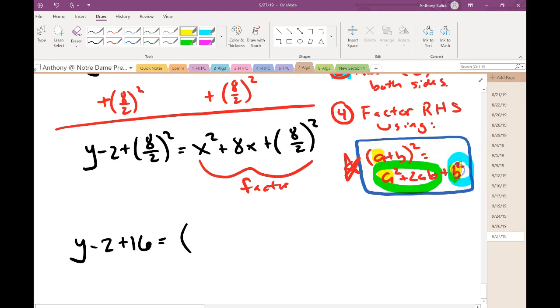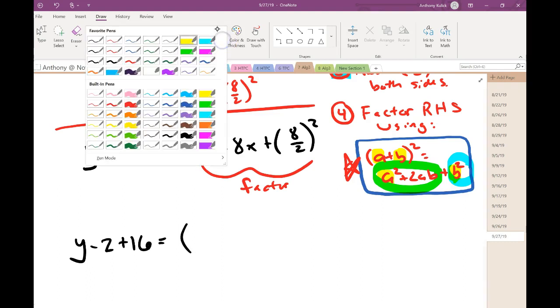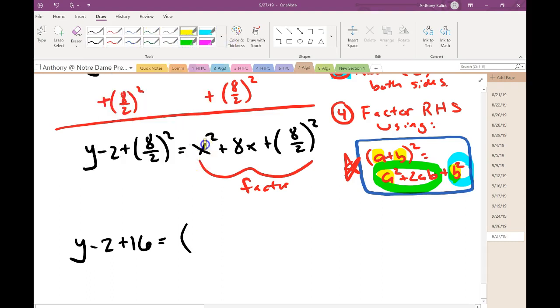And then for the b squared, I take the non-squared part of it, and that's my b. So for us, our a is just the x, and our b is the 8 over 2.